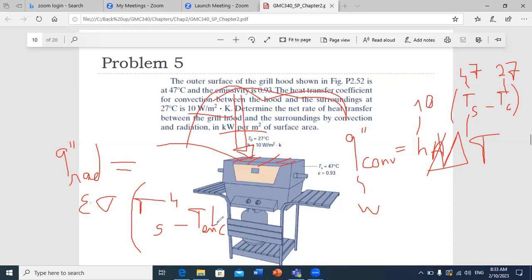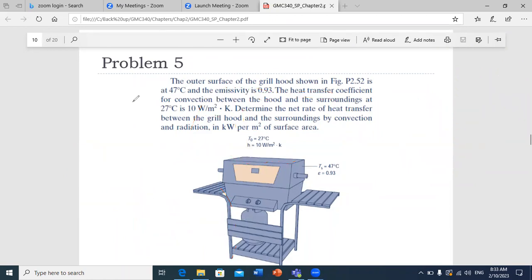Why minus? Because this one is received by the surface, and to find the net emission you do the emitted flux minus the received flux. But here, since they didn't tell us that we have any surfaces surrounding the system, we can consider that we just have emission from the surface.